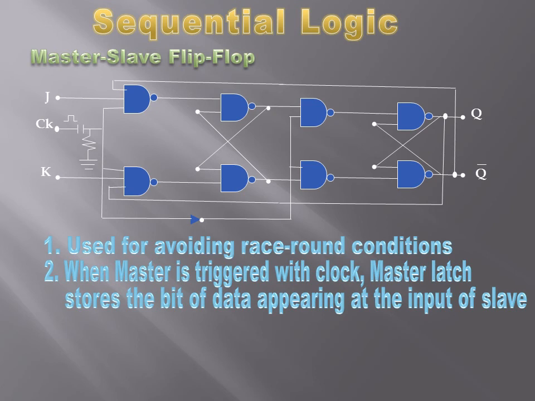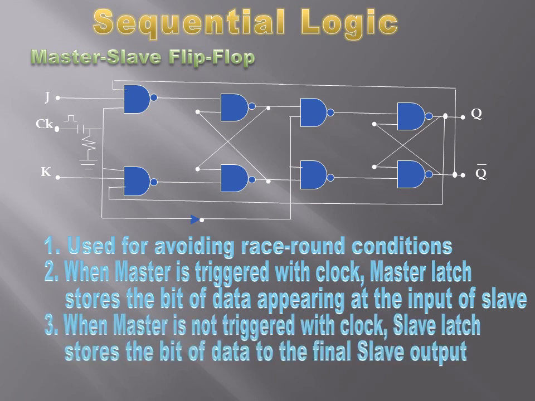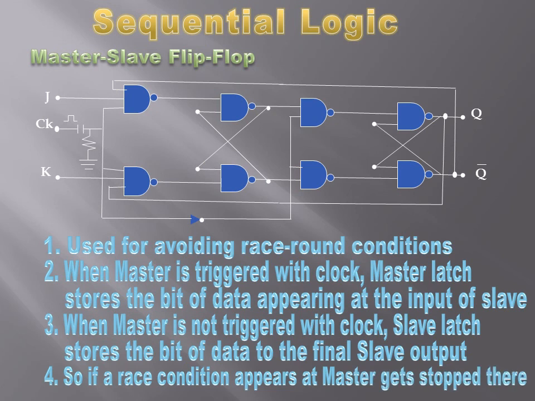And when the clock stops at the master stage, what was at the output of the master, or the input of the slave, will be transferred to the slave stage, and the slave will store that data. So in this way, if anything was coming as a race round condition at the input of the master, it will get stopped there.